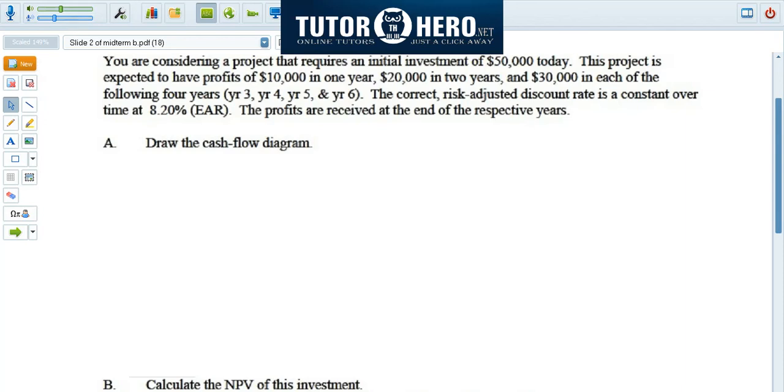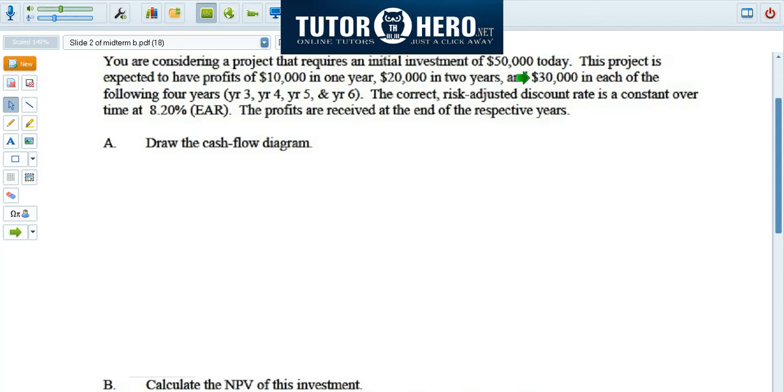So in this problem, we have a project that requires an initial investment of $50,000, and that's happening today. The project is going to start paying off benefits: $10,000 in 1 year, $20,000 in 2 years, and $30,000 in each of the following 4 years.